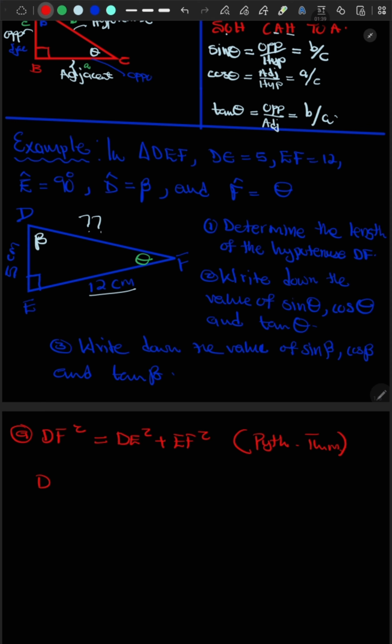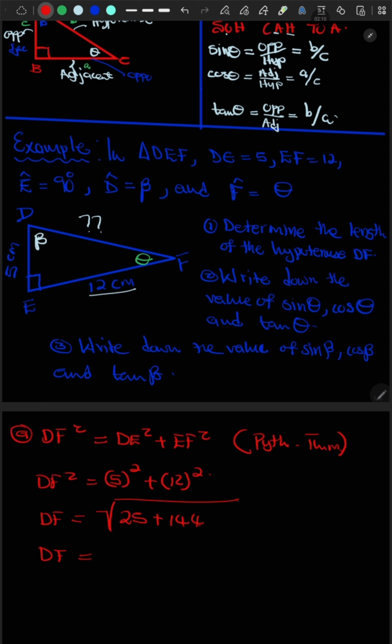Okay. DF squared equals to, what is the length of DE? It's 5. And then you square it. What about EF? Is 12 centimeters, and you square it. The rest is easier. DF equals the square root of 25 plus 144.